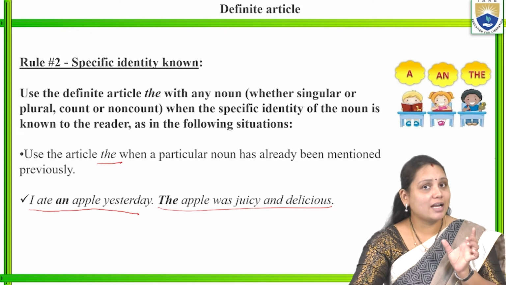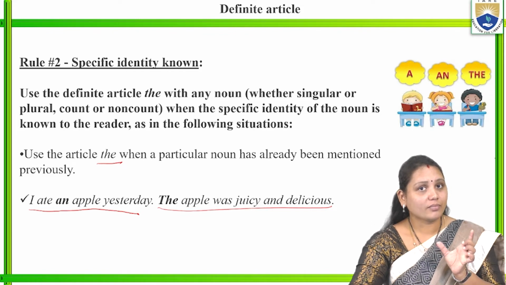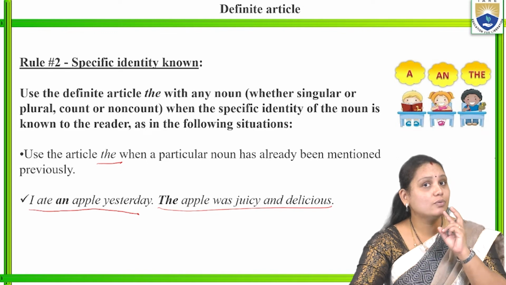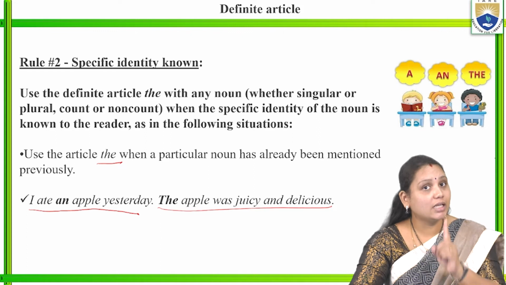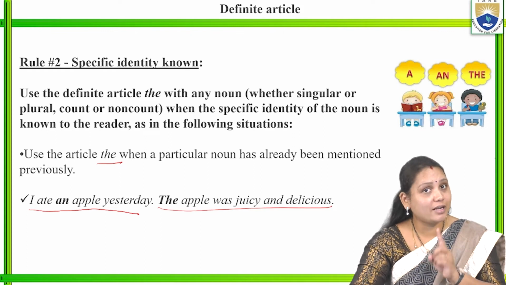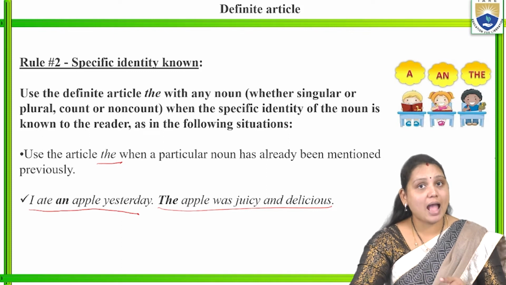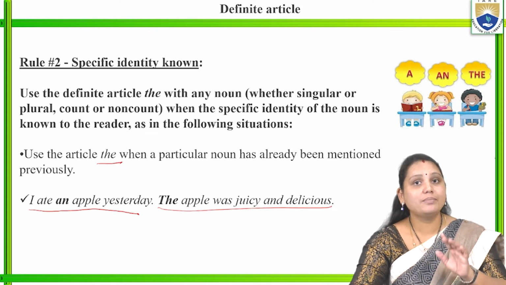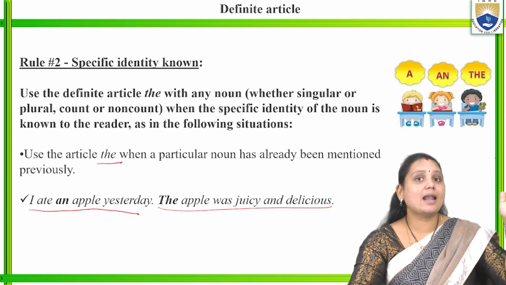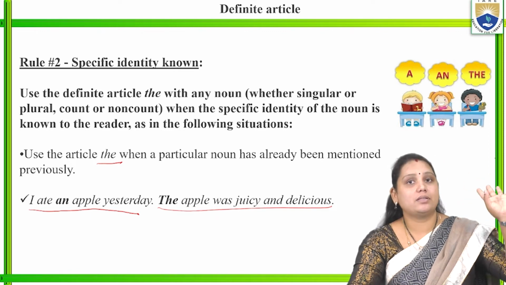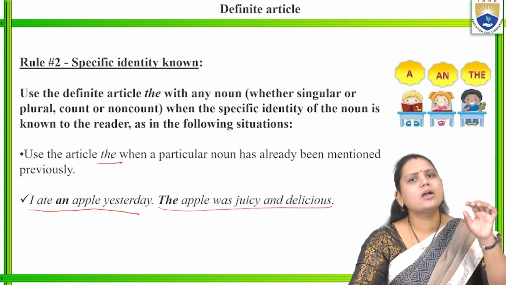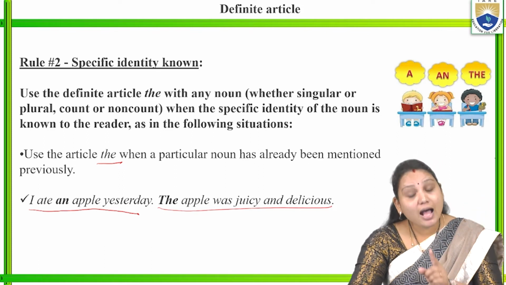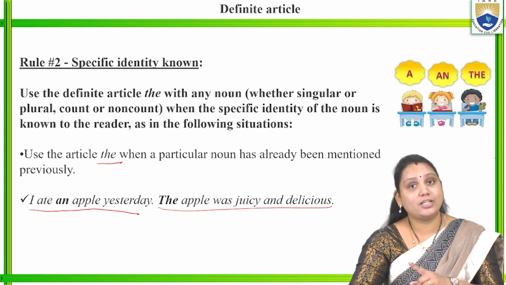Just try to understand this sentence clearly. At one place, we are using an, but in the other place, we are using the. Why is this difference happening here? Let us sort it out. I ate an apple yesterday. I'm telling that I ate an apple yesterday. There are many apples. I took an apple and ate. We don't know which specific apple I took. I took an apple. The apple was juicy and delicious.